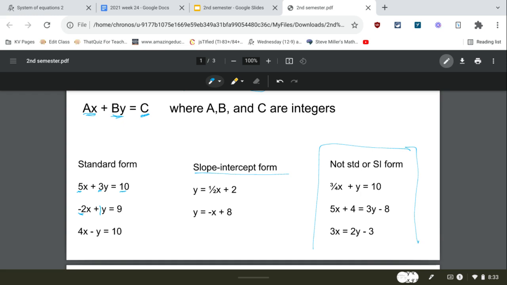They're not in any well-known, well-defined form for linear equations. The first one's not because 3/4 is not an integer. It's not a whole number. And this last one is not because the x and the y are not on the same side of the equation. That's what's killing that.